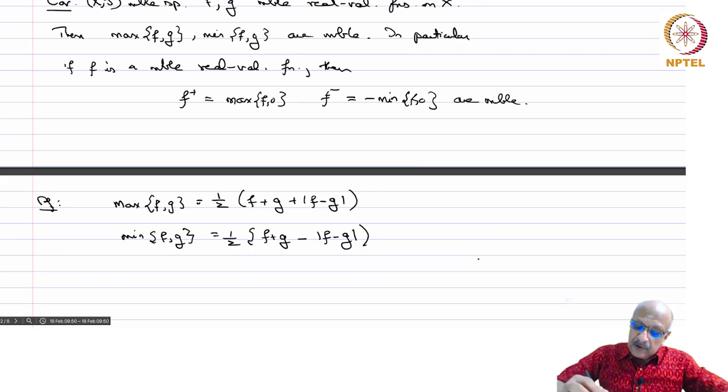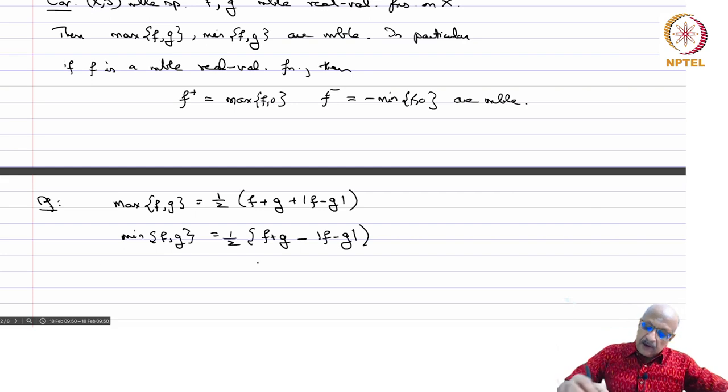So f and g measurable means f minus g measurable, |f minus g| measurable, f plus g plus |f minus g| measurable, multiply by half it's measurable. So this is measurable. Similarly, min is also measurable.